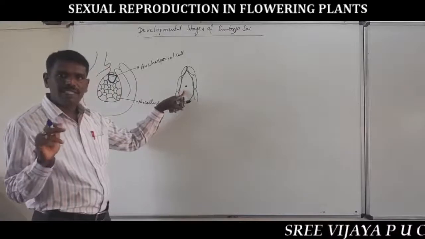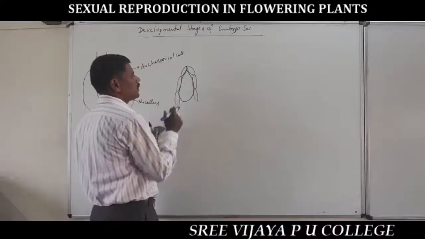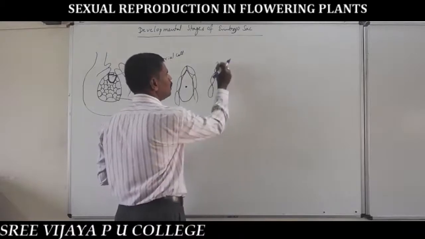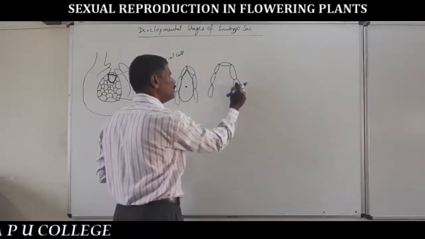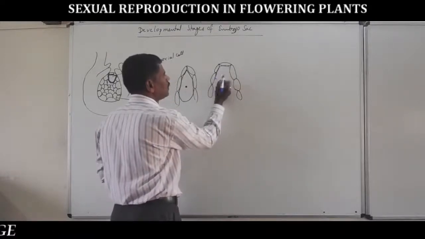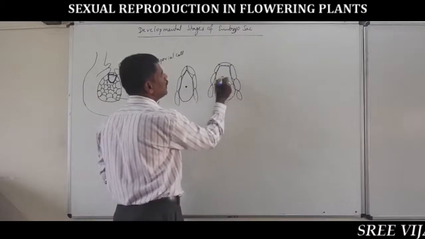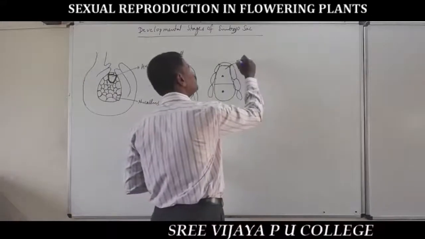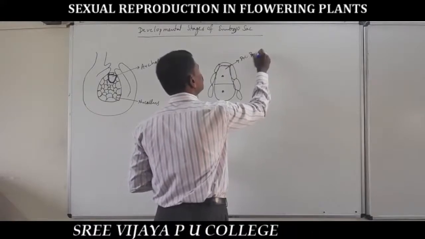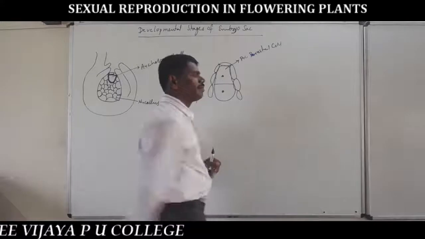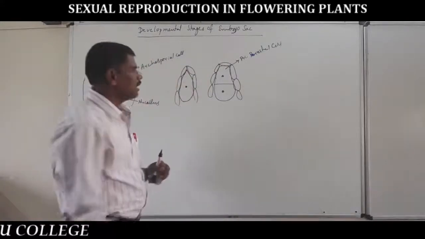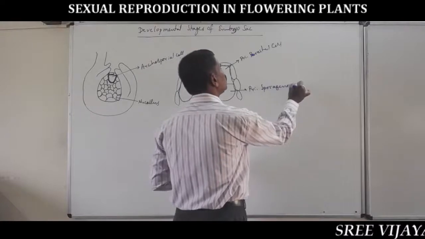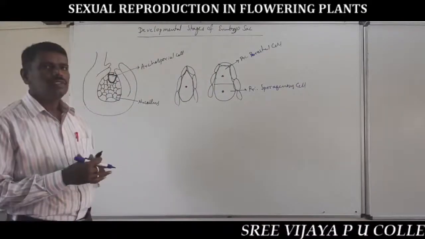These cells divide into two cells: the outer primary parietal cell and the inner primary sporogenous cell.